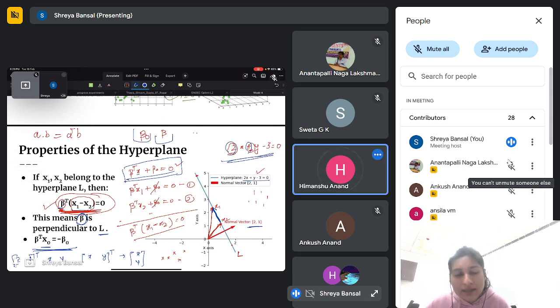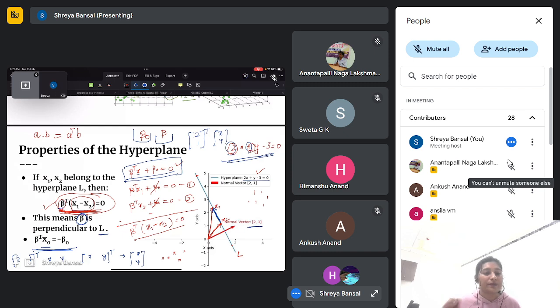Generally vectors we write in the column form, so we are writing 2 and 1 here as it is, but to get the actual dot product we take the transpose, we write it in the row and then multiply with x and y. So it will be like 2x plus y.